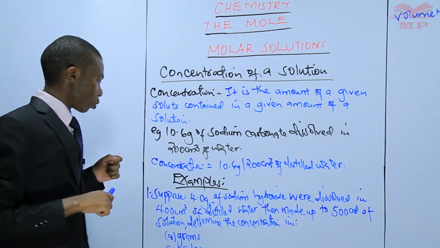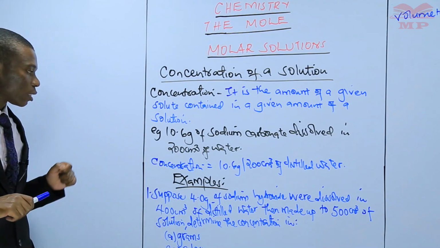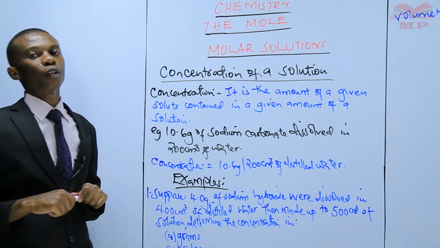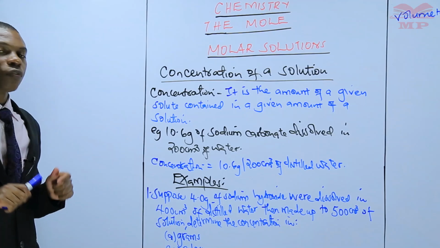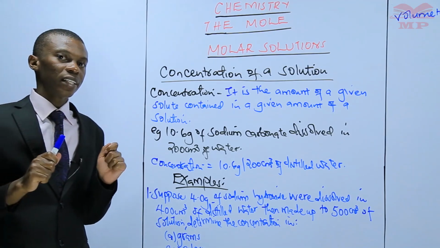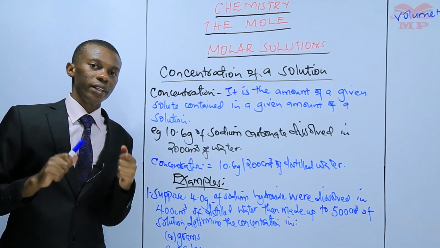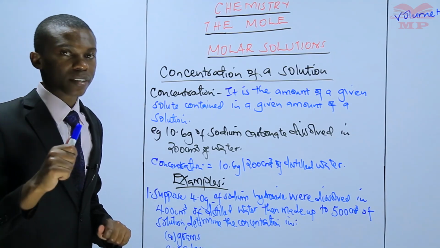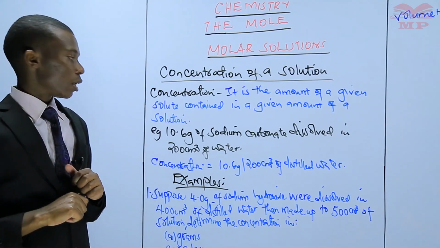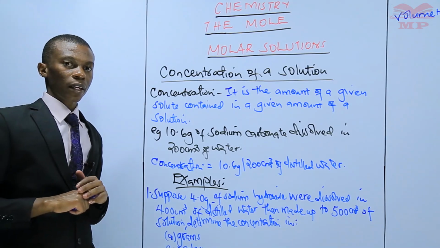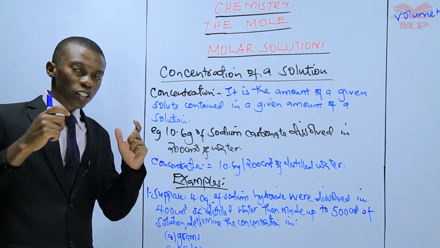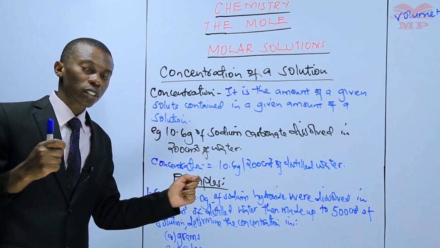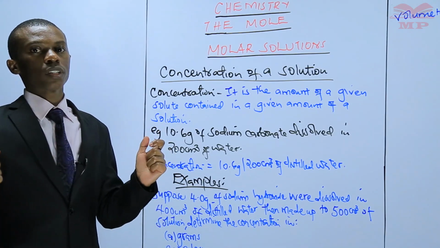Therefore, the question means that you took 4.0 grams of sodium hydroxide and dissolved it in 400 centimeters cubed of distilled water. This is now a solution, because sodium hydroxide is the solute and the solvent is water.